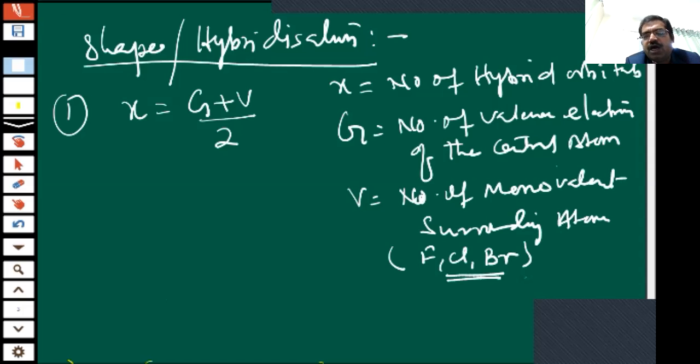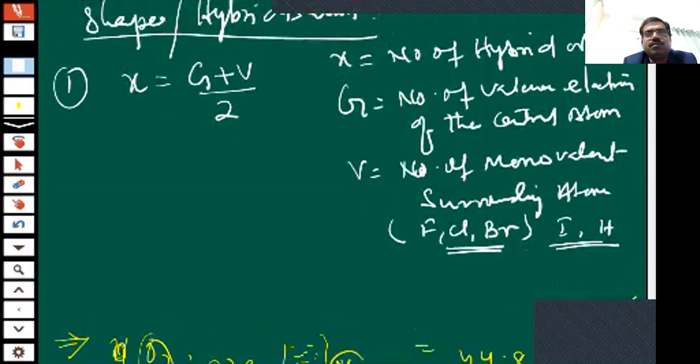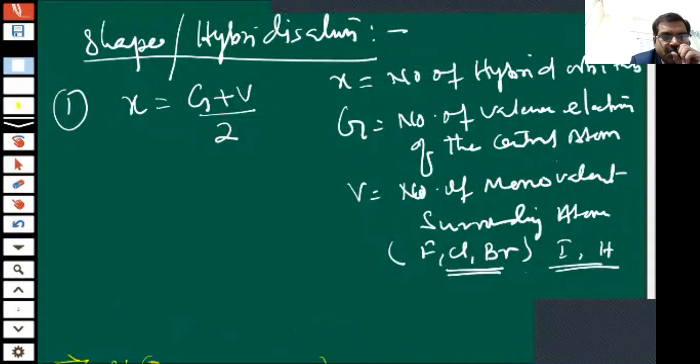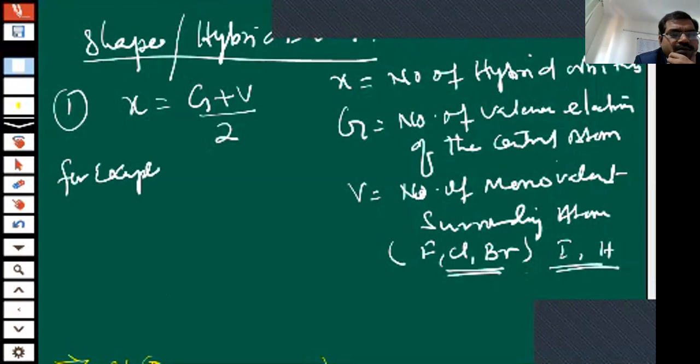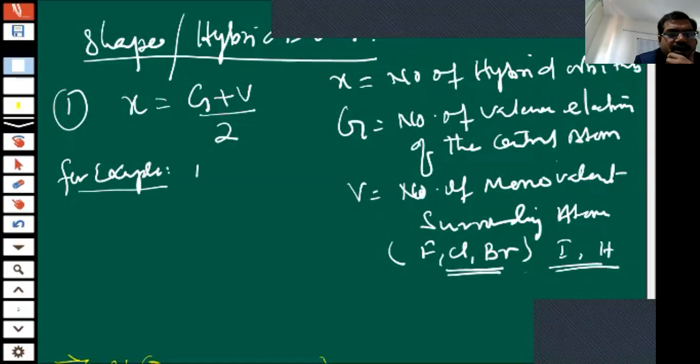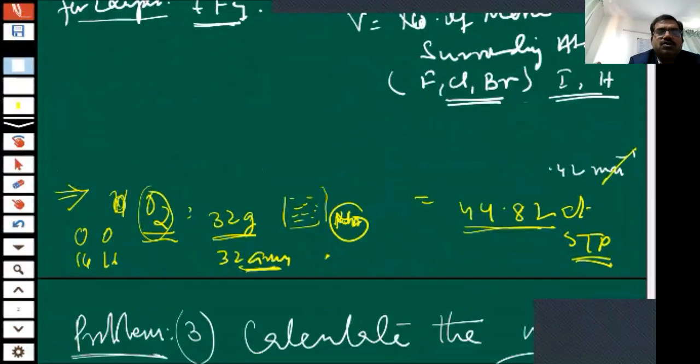In different cases, iodine and hydrogen can also be monovalent surrounding atoms. Let us calculate for IF7 and see its shape and hybridization.